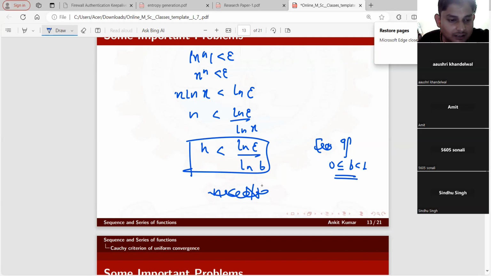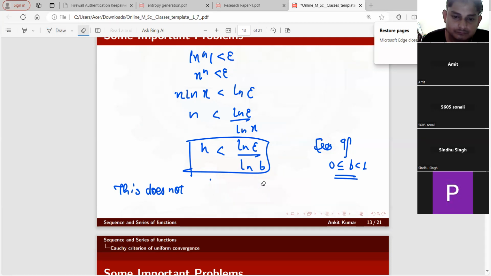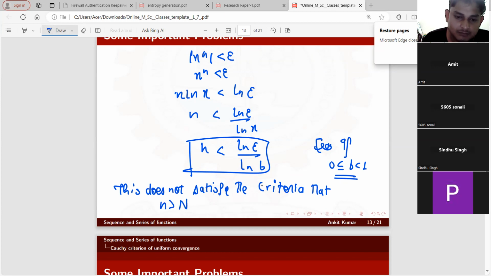So this does not satisfy the criterion that small n greater than or equal to capital N implies that mod of f_n(x) minus f(x) is less than epsilon for all x.